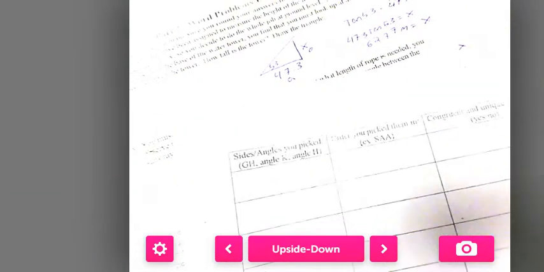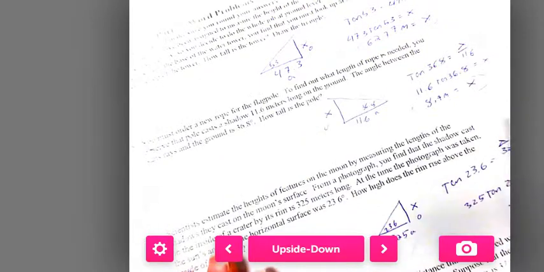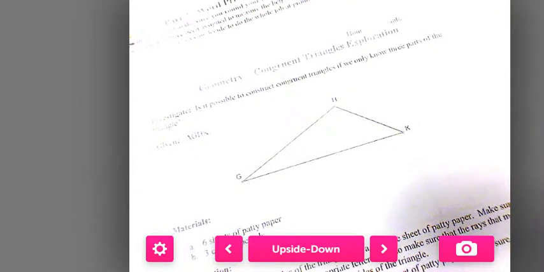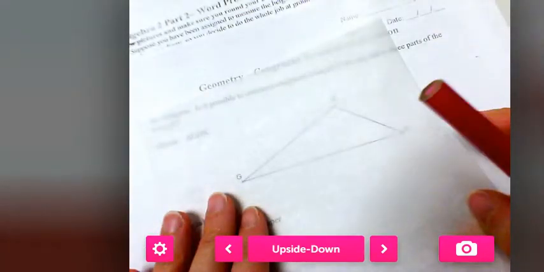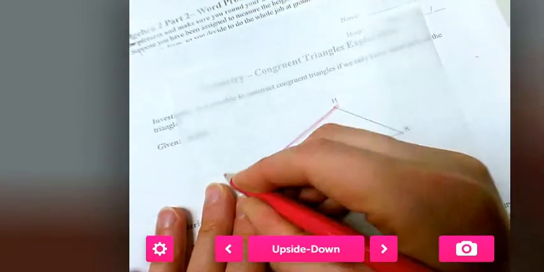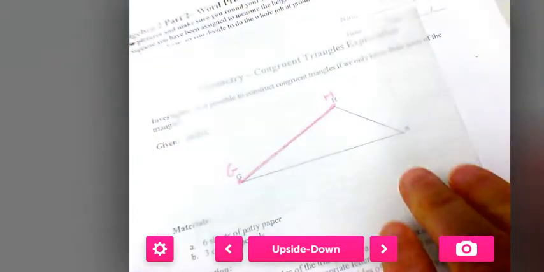So on the back, for example, we could pick, all right, I'm going to trace one more side here, just to do an example of this. Okay. So now I'm going to flip my paper over.